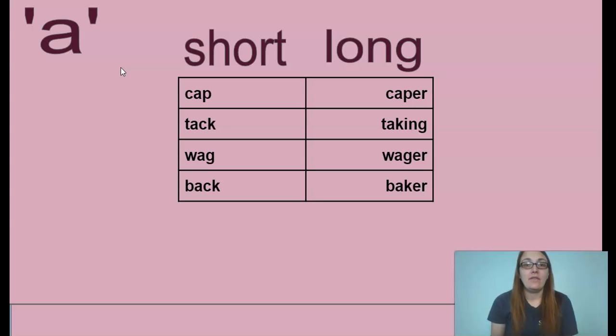You'll know if it's a long A sound because the word will be a multi-syllable word, meaning it has more than one syllable, like caper, K-per, 2 syllables, whereas cap is just 1. And the A in caper is the end of the first syllable. K ends with an A. So that makes it a long vowel sound. Whereas, again, cap is only 1 syllable, and the sound in that word, at least, is in the middle.